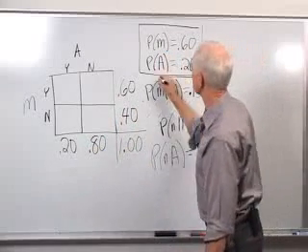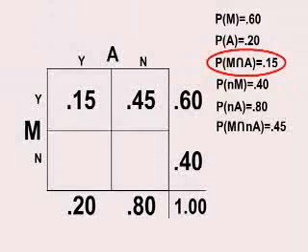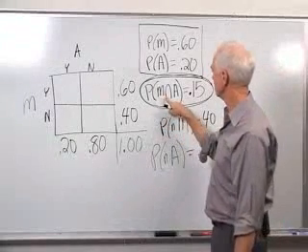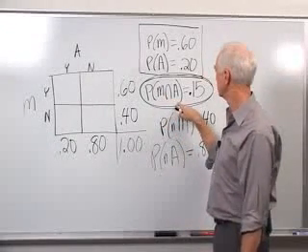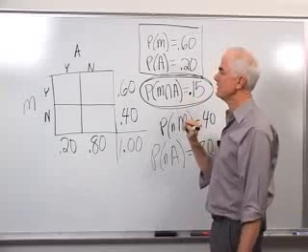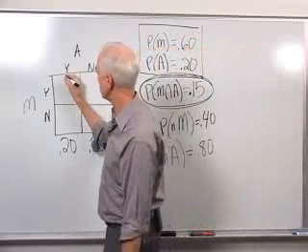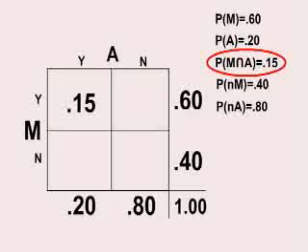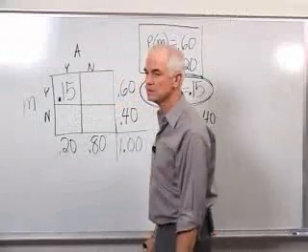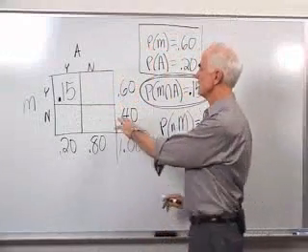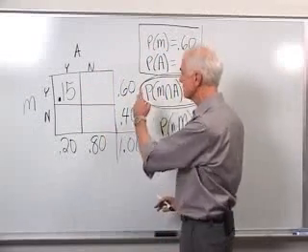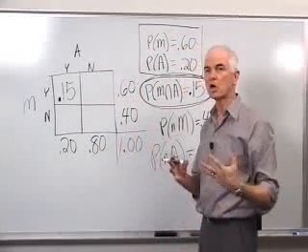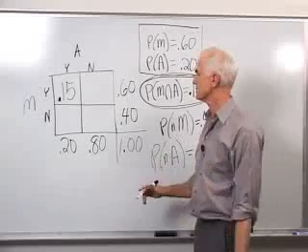Let's focus on this particular probability. This probability is the intersection that the manager is male and under 30. So this particular probability, 0.15, would go in the yes cell or the intersection of male and under 30. So let's place it there. Once we place one intersection in a 2x2 probability matrix and we have all the marginal probabilities given, we're able to solve for all the other cells or all the other intersections.